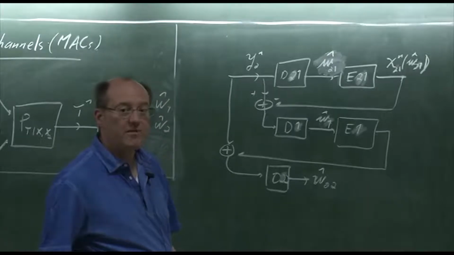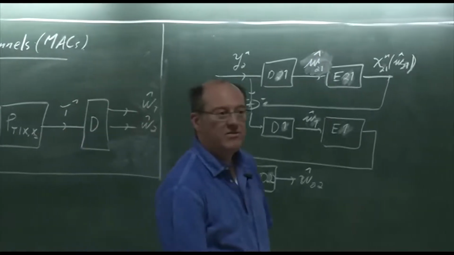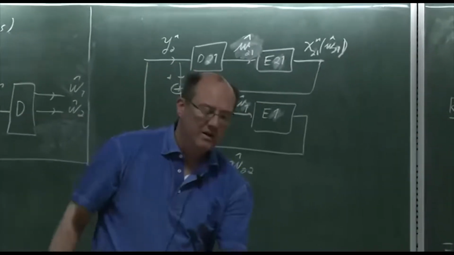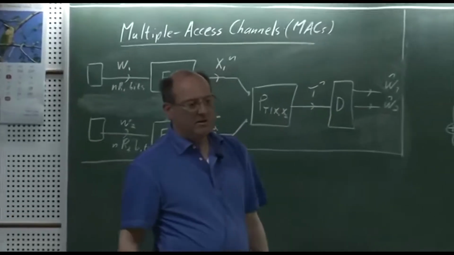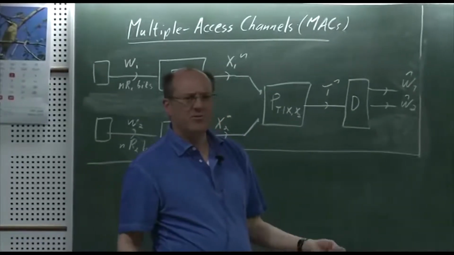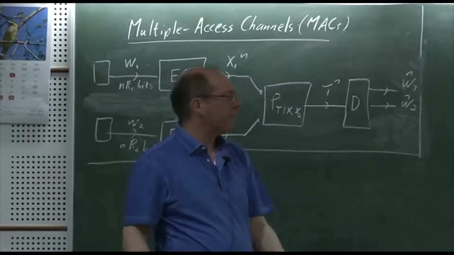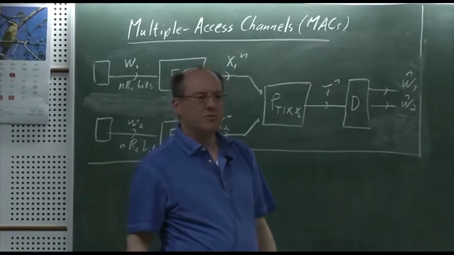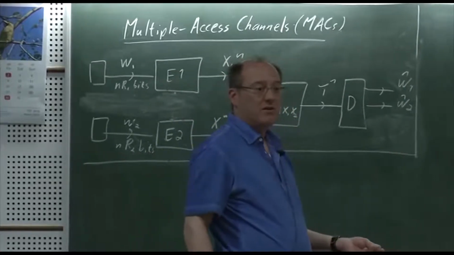Still, this got a lot of interest, this idea, in the mid-90s. So Bixio Rimoldi and Alex Grant, and I think this was part of Alex Grant's PhD thesis, perhaps even, this sort of rate splitting approach. It's a nice approach. Okay, so that's the second way of getting it.